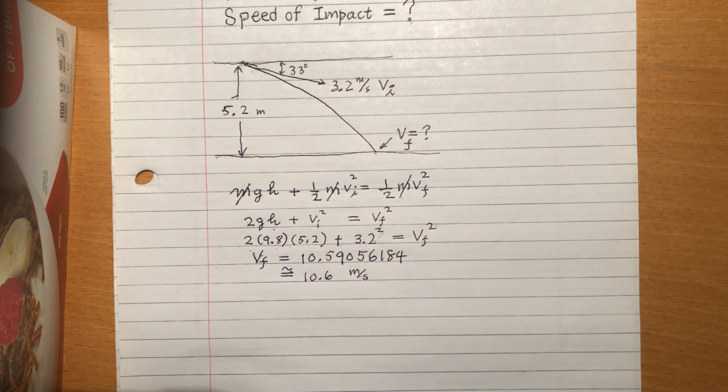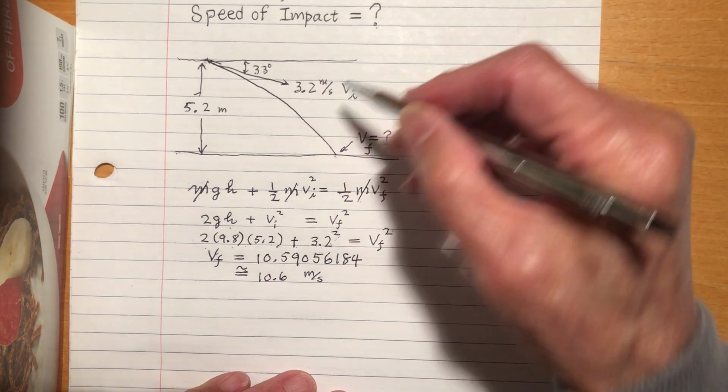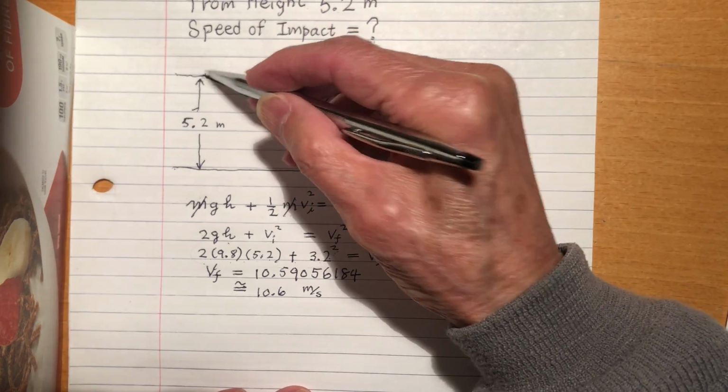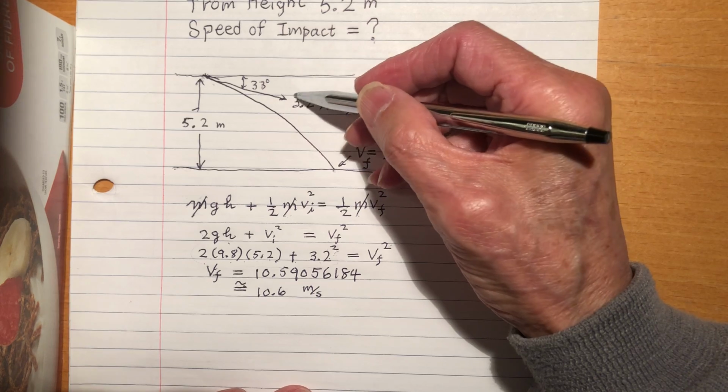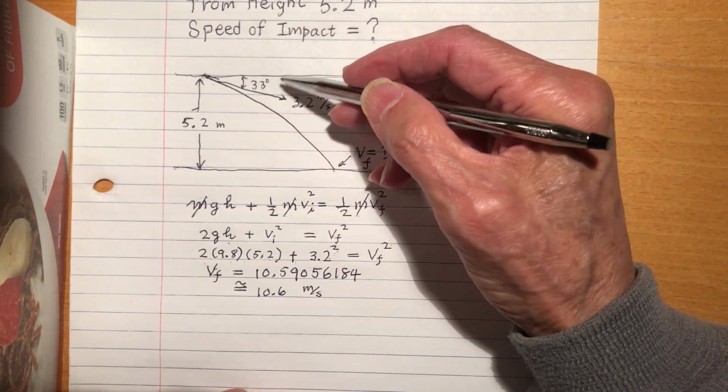Now, how about using kinematics? Then it's more complicated in this case, because in this case you need a vertical component and a horizontal component. So look. The initial velocity is this, but this is the magnitude of the initial velocity. I need a vertical component and a horizontal component.